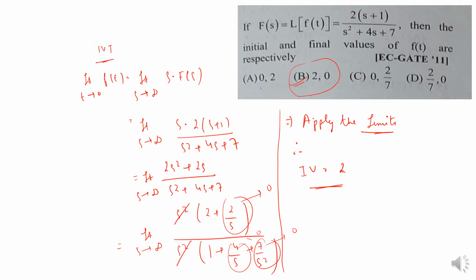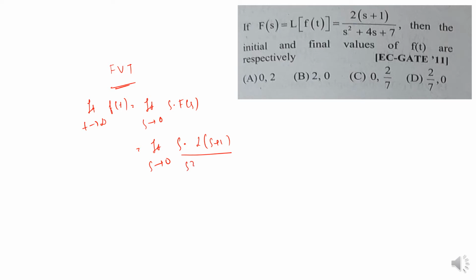Now we will find the final value for this as well. Let us use the final value theorem: limit t tends to infinity f of t is equal to limit s tends to 0 s into F of s. So limit s tends to 0 s into F of s is (2 into (s plus 1)) by (s square plus 4s plus 7).